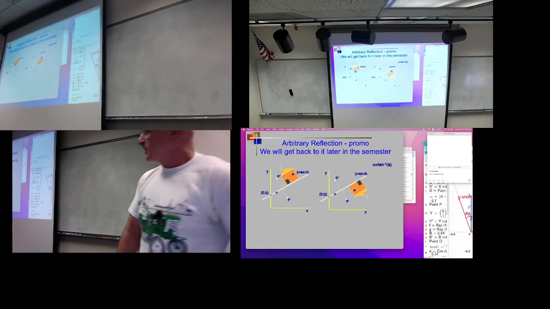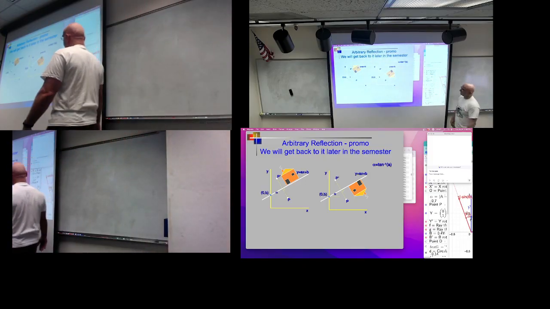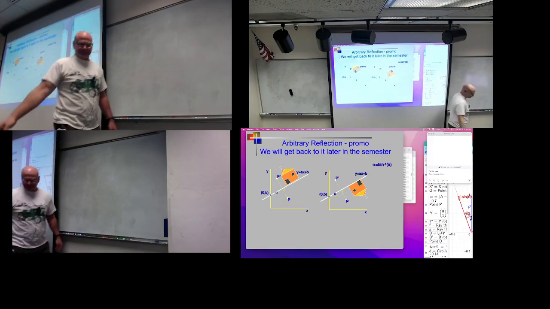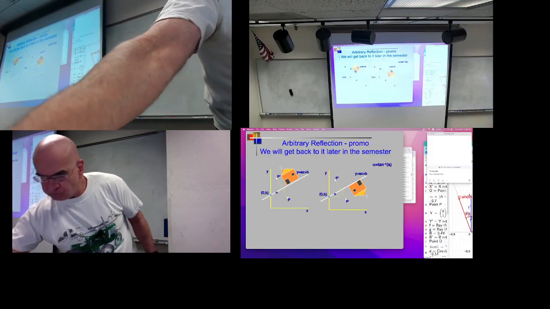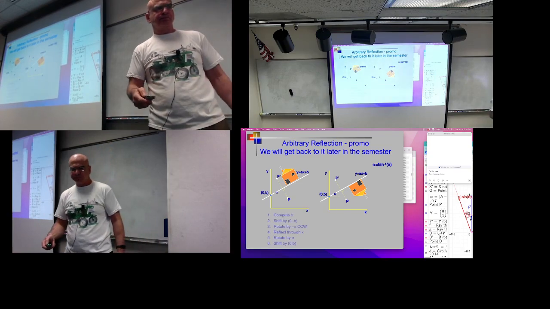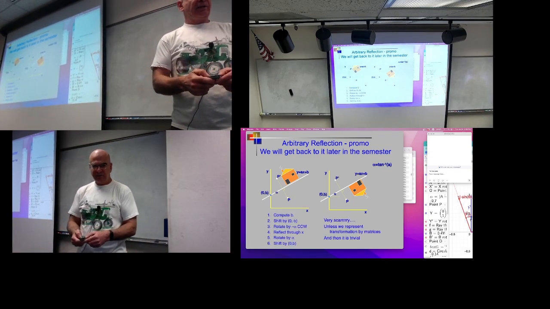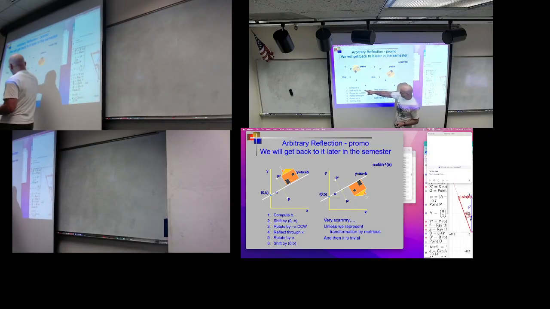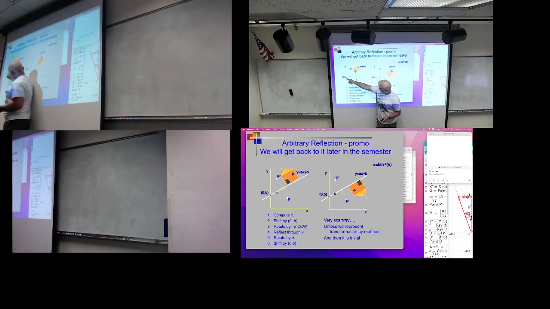Reflection, we discussed this one. If I want to reflect the house now around a line which is not the x-axis, again, express it as a sequence of simple steps. Translate the house, shift by minus b.